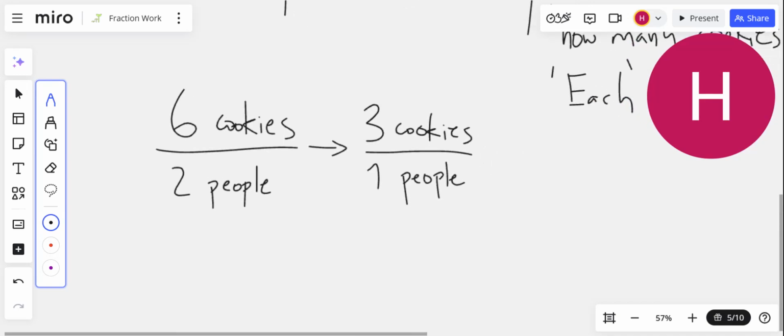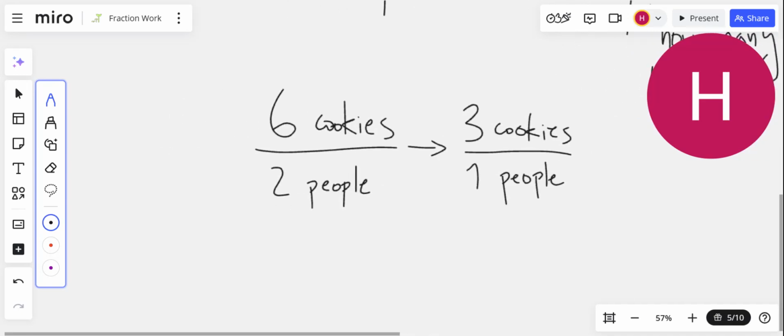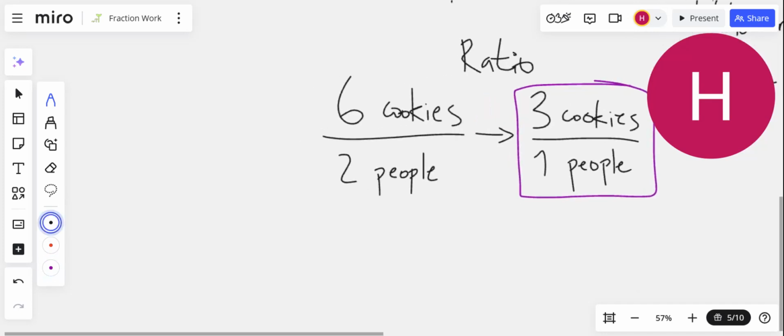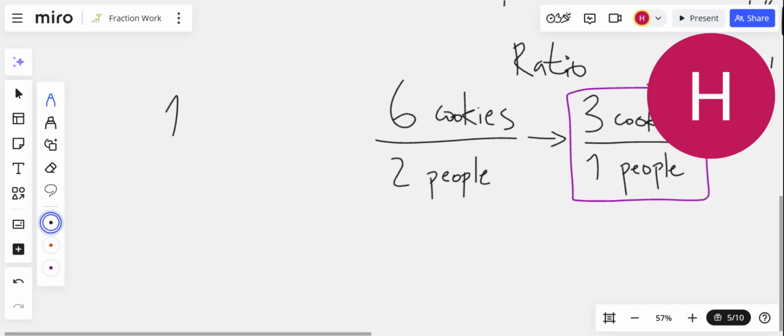And this is where the idea of a ratio comes in. The ratio is the same because the ratio is the simplest, most reduced form, as long as we still have whole numbers, is the reduced form of a fraction. And so 6 cookies to 2 people is the exact same thing as if we had 12 cookies for 4 people, right?